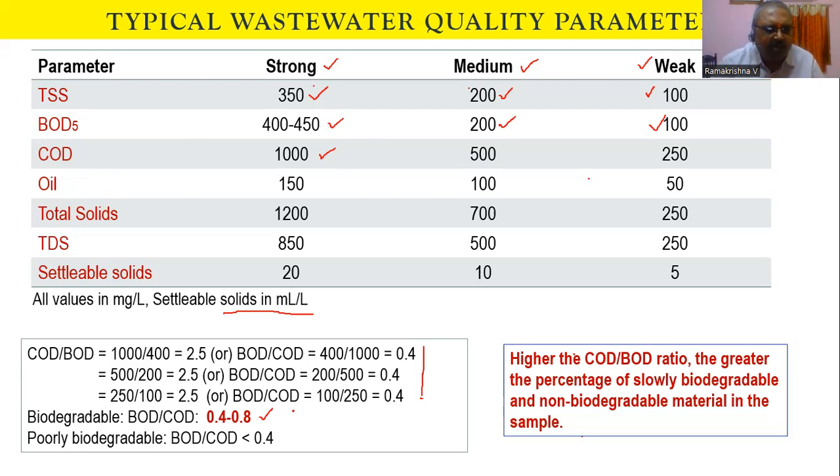Less than 0.4, it is poorly biodegradable because of the higher content of slowly biodegradable and non-biodegradable material in the sample. This is what is to be understood before we go for the treatment operations of any sewage or wastewater. So these are the major characteristics.